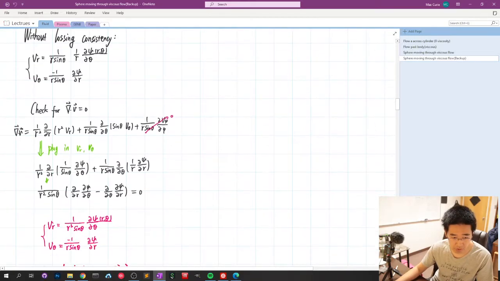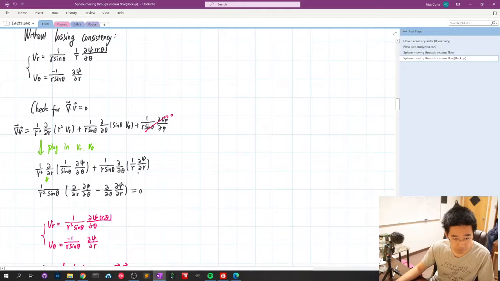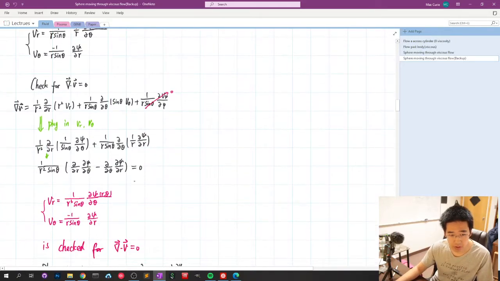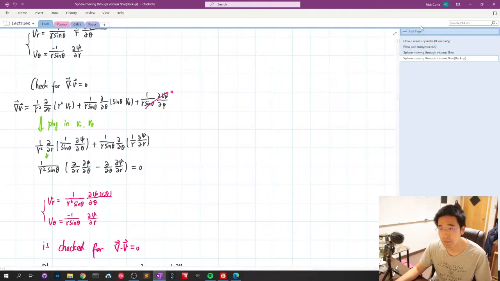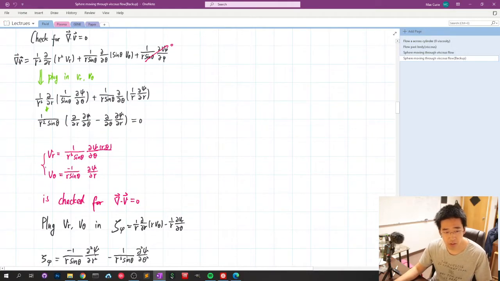Then we have this, and we plug everything in and do the algebra. You can also check the lecture notes of all the different video series in this note. I'll put it in the description. This ends up being consistent, because those are independent of phi.